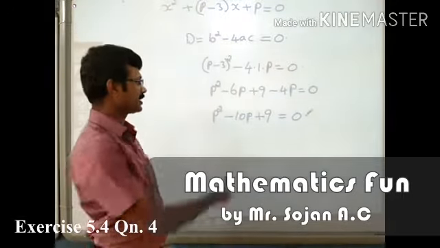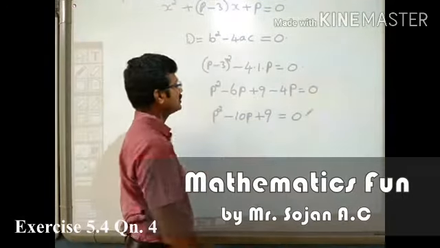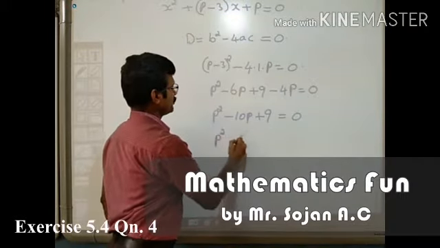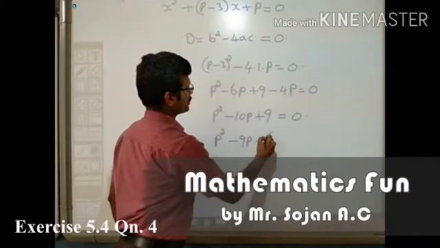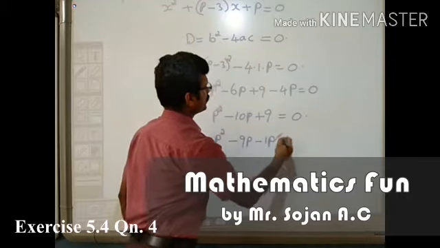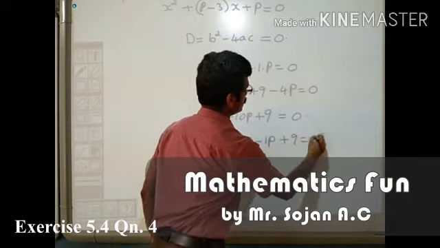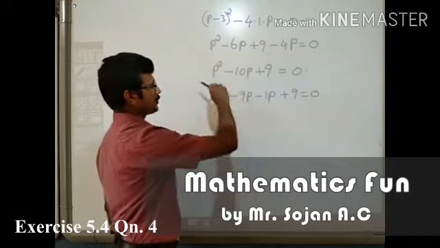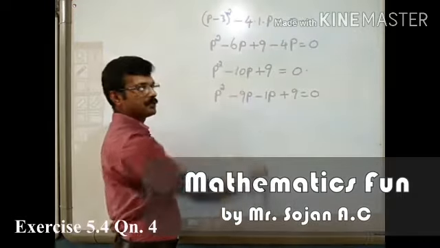I have to break the middle term. Product is 9, sum is minus 10. So the numbers are minus 9 and minus 1, and plus 9 is equal to 0. I broke the middle term in such a way that the product should be 9 and the sum should be minus 10.